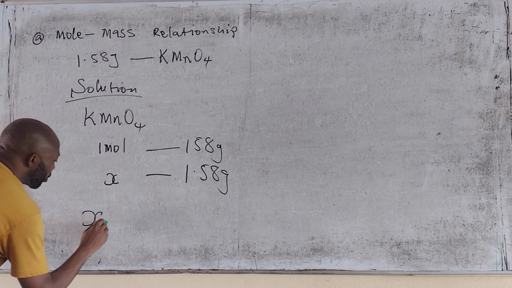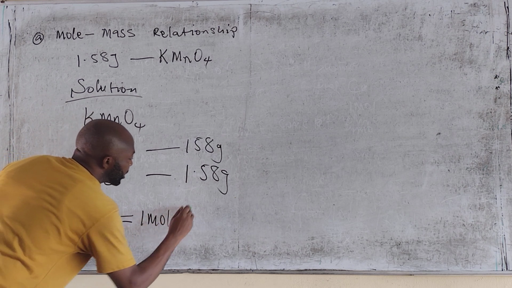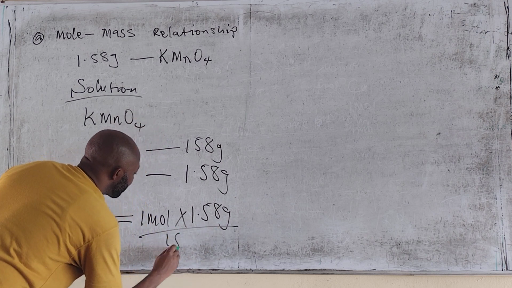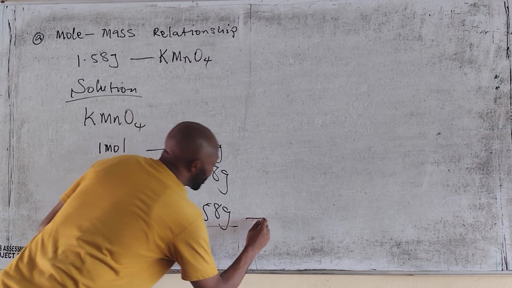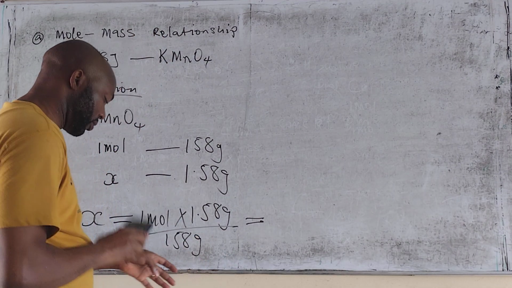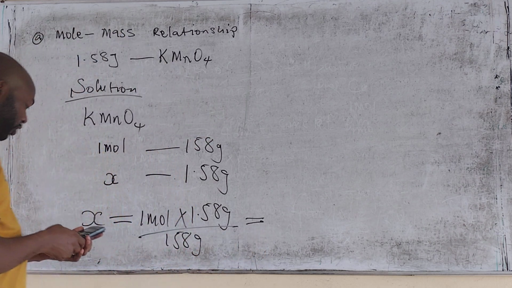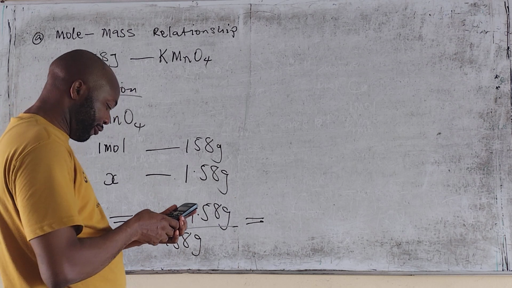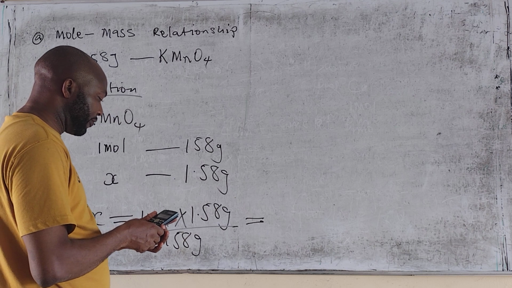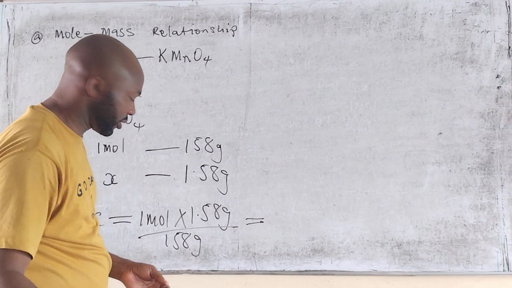So my X mole will be 1 mole times 1.58 gram divided by 158 gram, and that is equal to, we have to use our calculator. 1.58 times 1 is the same, divided by 158 gram, I have 0.01.